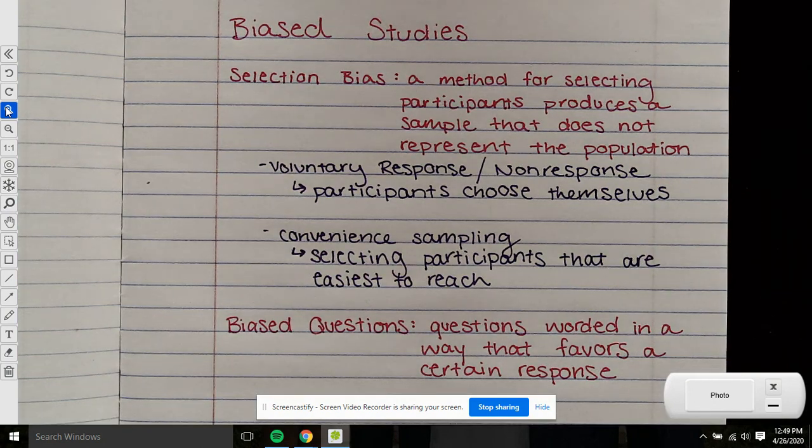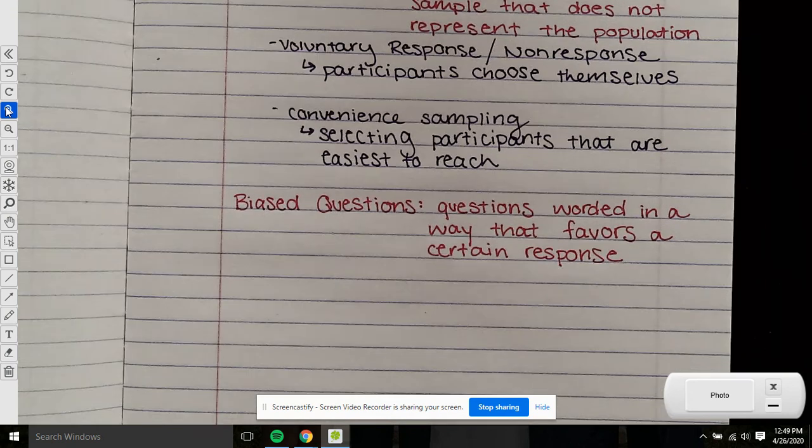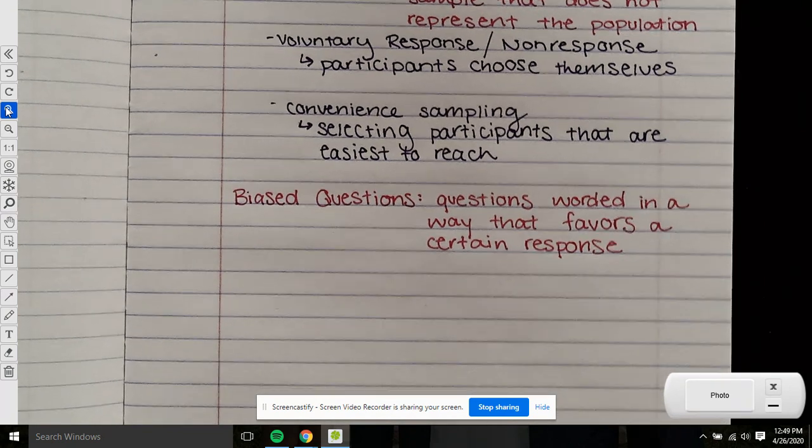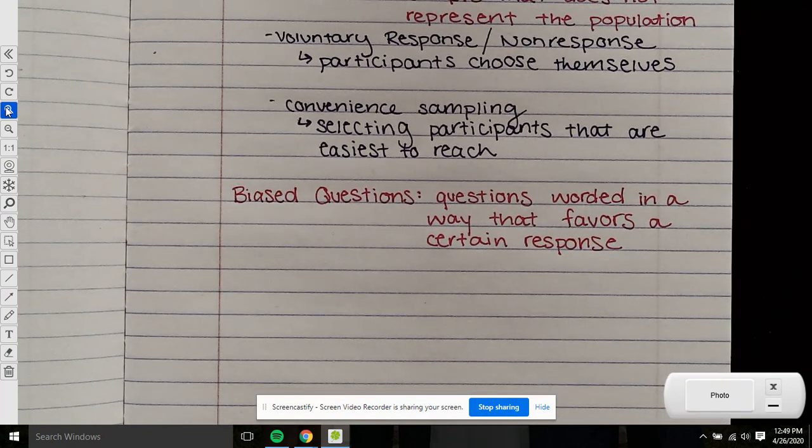Here's an example of a biased question. Let's say you are trying to figure out who is going to vote for who for class president. Would you vote for John for class president even though he wants to raise lunch prices? This question is really just asking, will you vote for John?